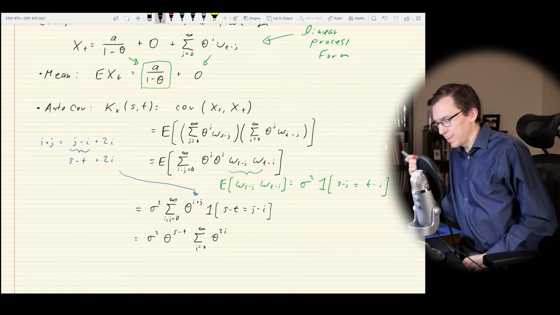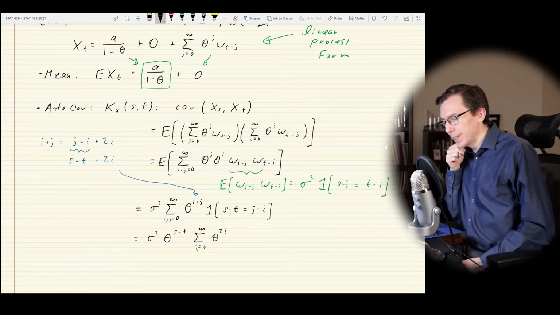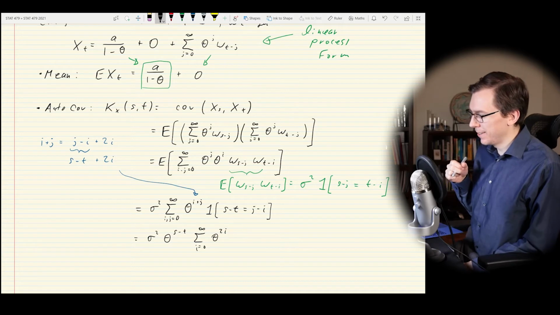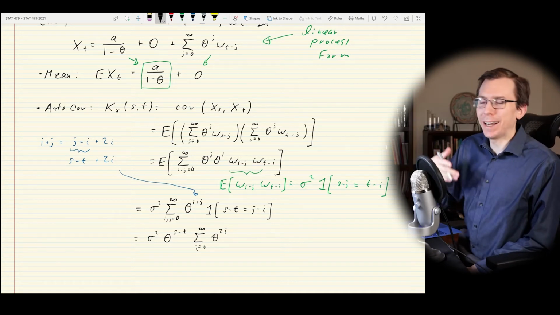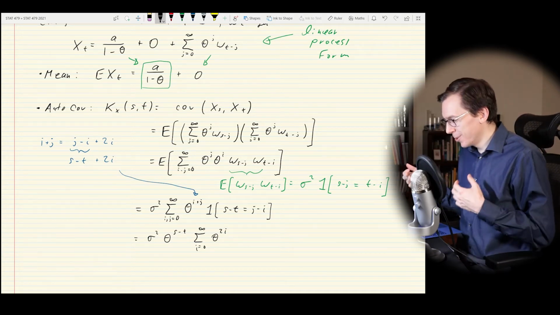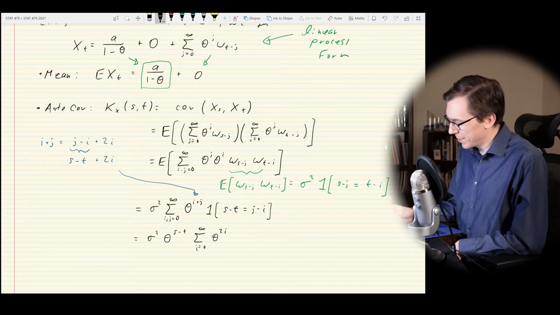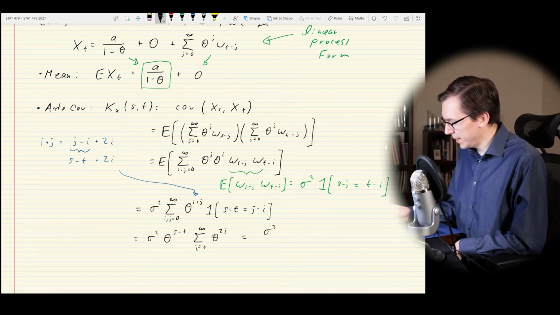Yes, because all the other terms cancel out, and we're only left in the case where s minus t is equal to j minus i to make this all work out nicely. And we can write this out as an infinite series. Well, it's a geometric series, and when we put it all together, we get something that's going to look like this.